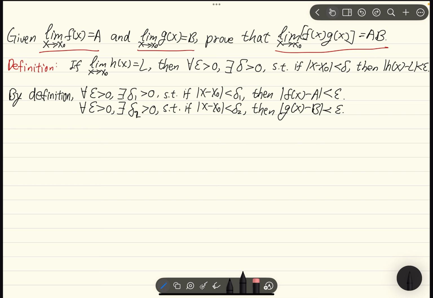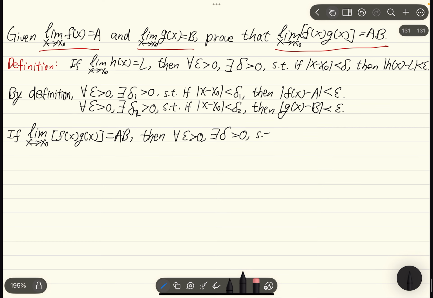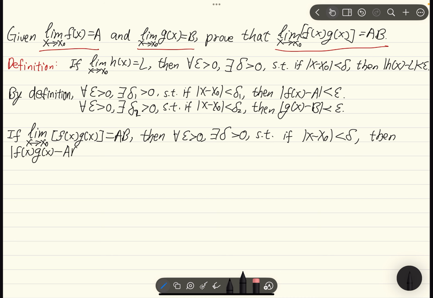Well, we know that, so this is like the definition again, if this limit here is true, I'm not going to read it out, then for all epsilon greater than 0, there exists this new delta greater than 0, which is different from these two, or it can be the same, but we can't just assume they're the same, so we'll use a different symbol, such that if |x minus x naught| is less than delta, then we have that |f(x) times g(x) minus ab| is less than epsilon.